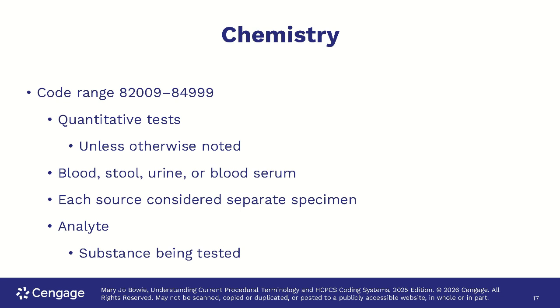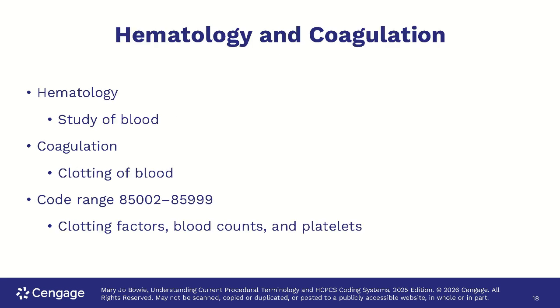Each source is considered a separate specimen. So if the exact test is run on urine and blood, the coder would use one code for the urine and the same exact code for the blood. And when looking at this type of service, you may run across the term analyte, and that's the substance that is actually being tested.